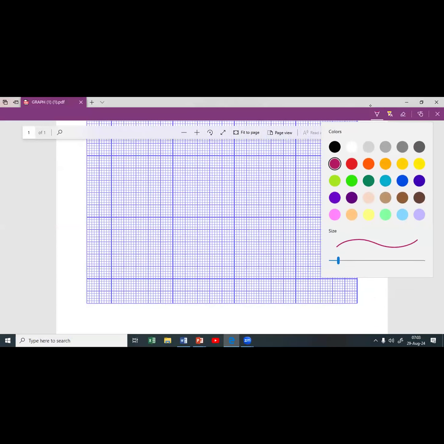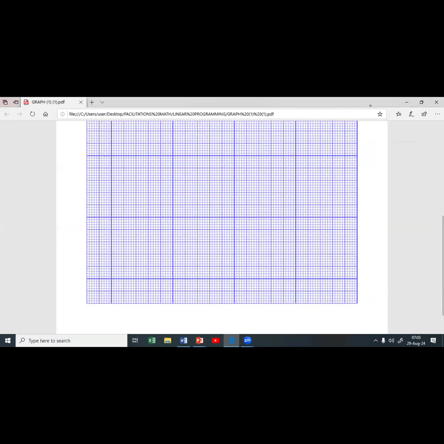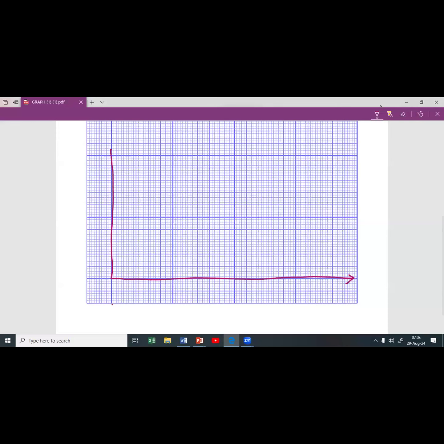I think I don't have a ruler, so I'm going to use my free hand, but for you, use a ruler. Leave 2 centimeters down. Here, do like this. Come here, go up as far as you want. But use a ruler, use a ruler, use a ruler.